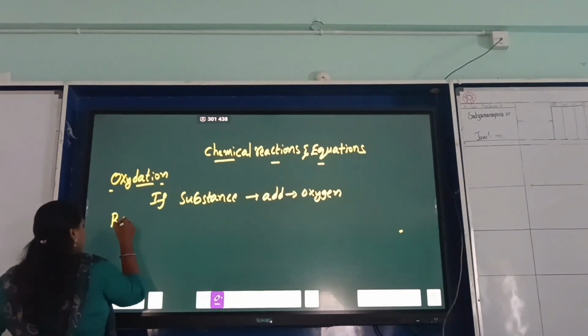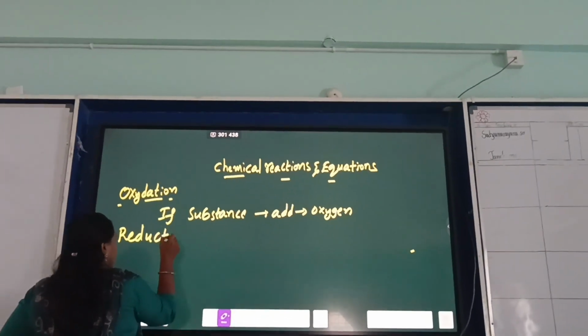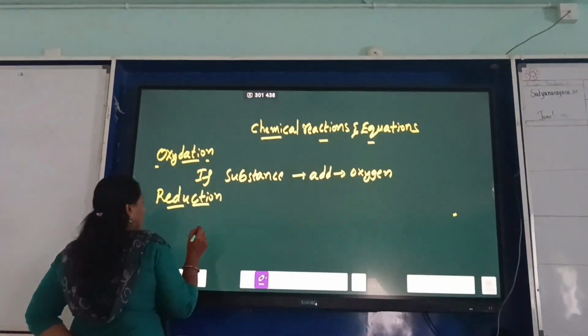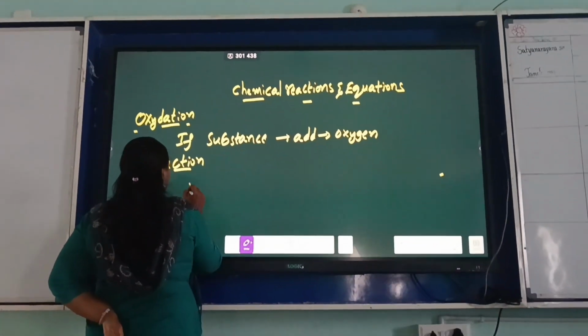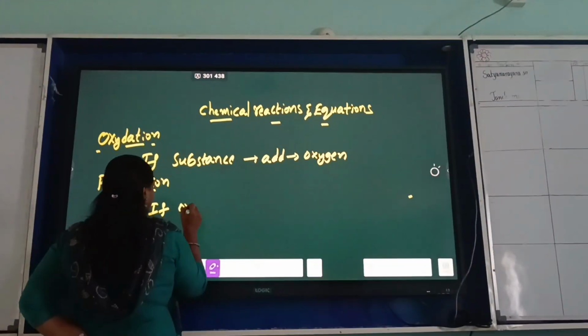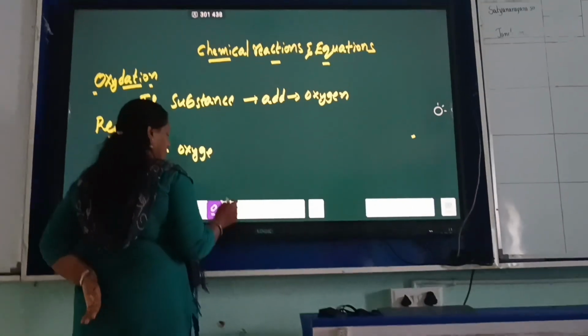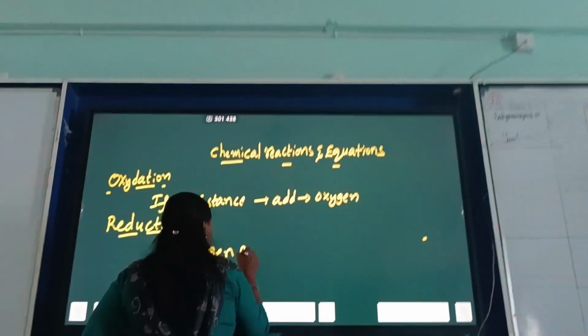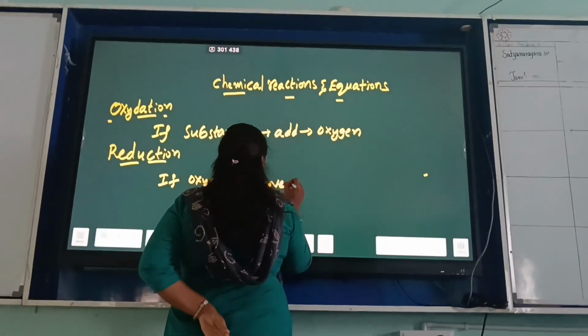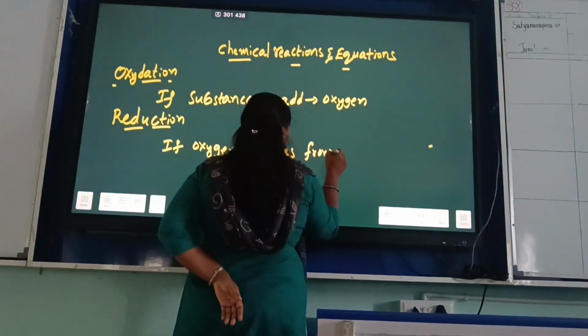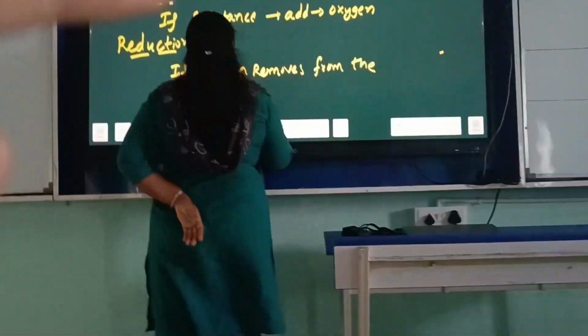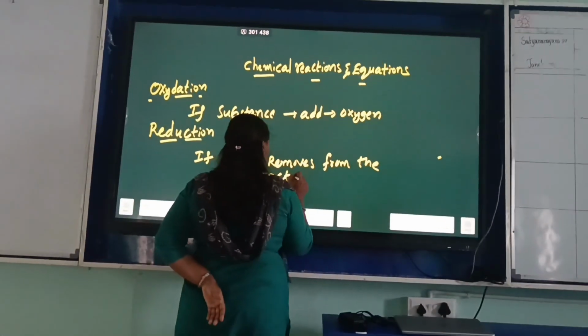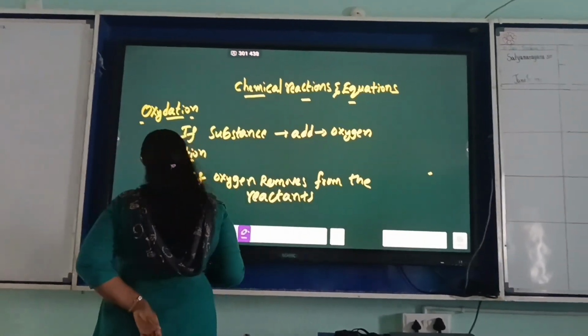So this is oxidation and reduction. If both reactions happen in a single equation, that is called a redox reaction. One more time I will repeat: if a substance gains oxygen during a reaction, it is said to be oxidized, and if a substance loses oxygen, it is said to be reduced.